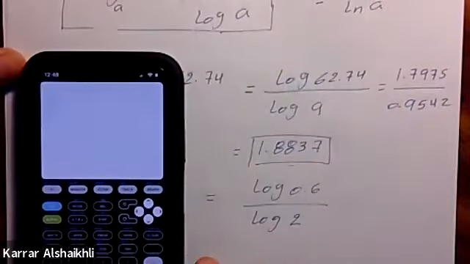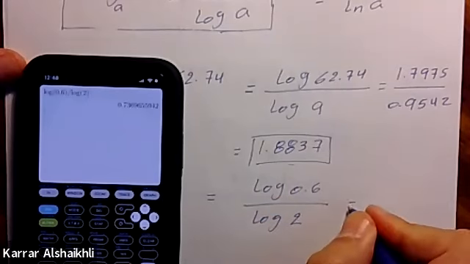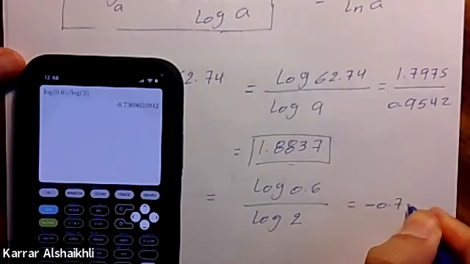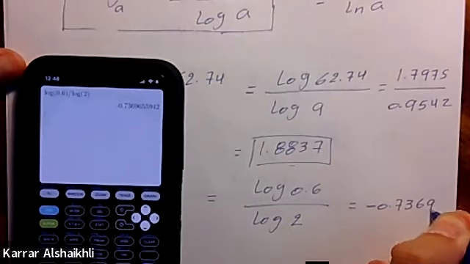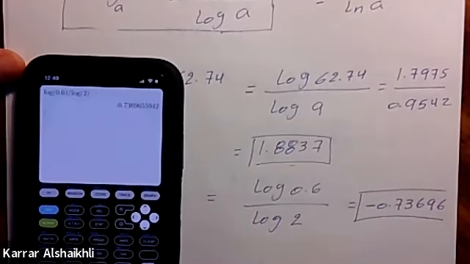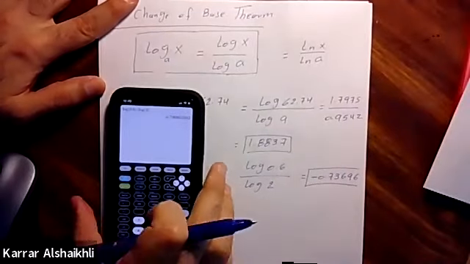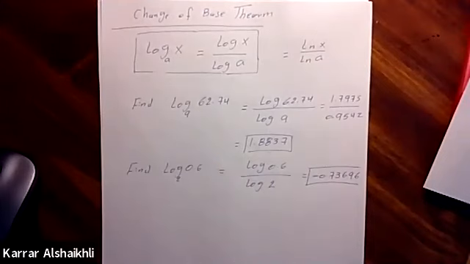You're just going to plug in log of 0.6, close the parentheses, divide by log of 2, close the parentheses. So the result is going to be negative 0.73696. So it's up to you how you're going to find it. It's right. This is the important step, using the change of base theorem.